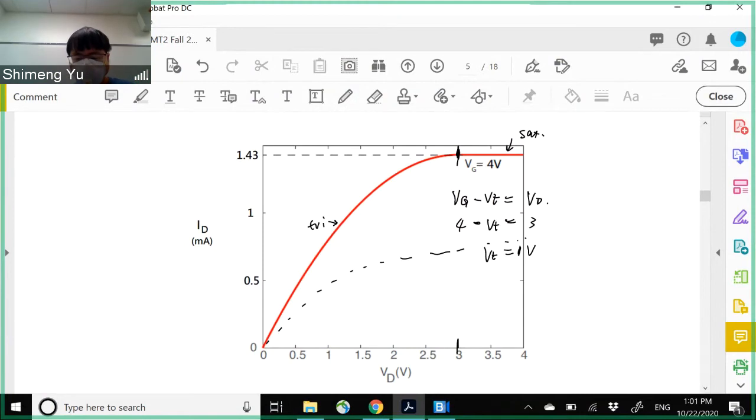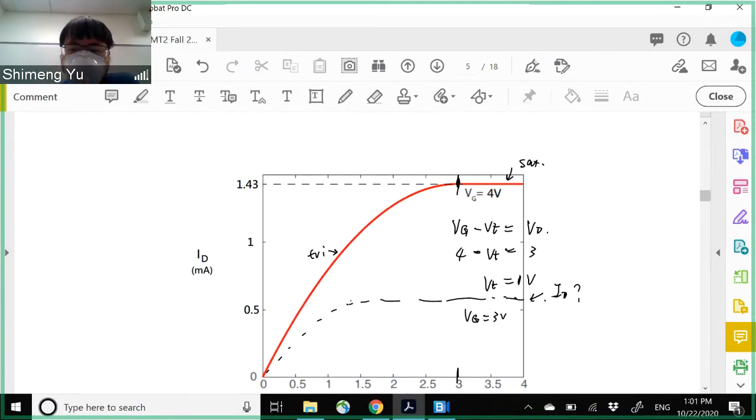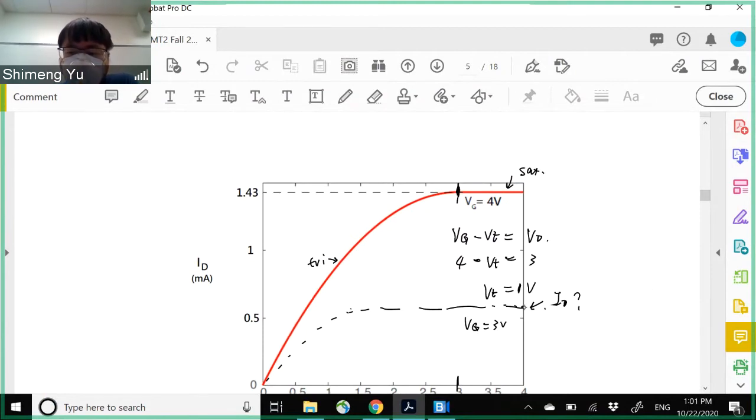Or maybe let's draw it. For example, if this one is the Vg equals 3 volts, the question is, what is the ID when the Vg equals 3 volts? This is asking for the saturation current.